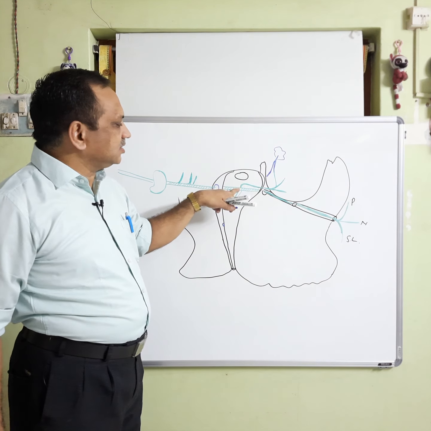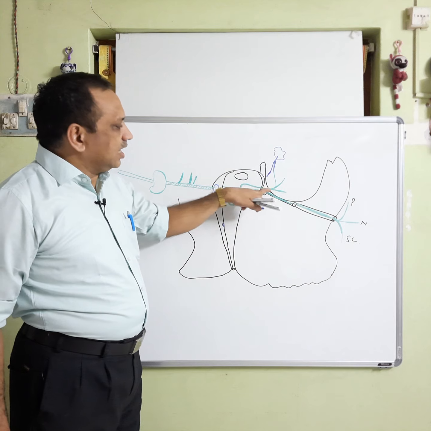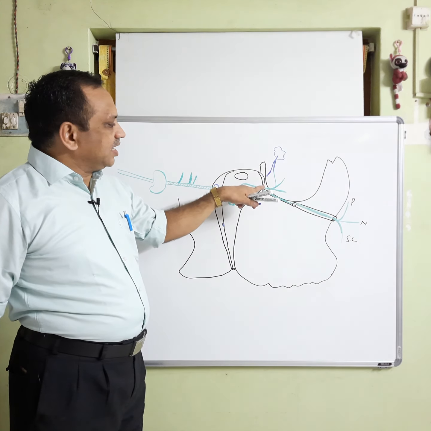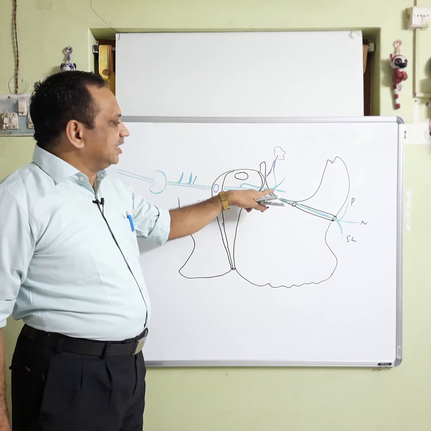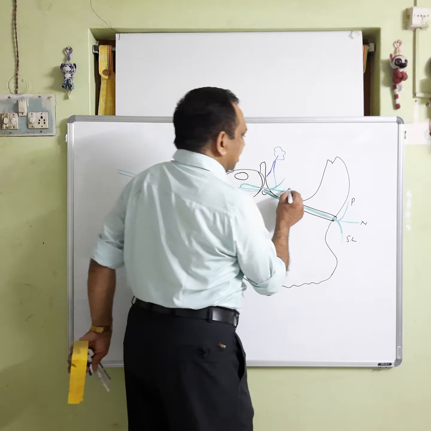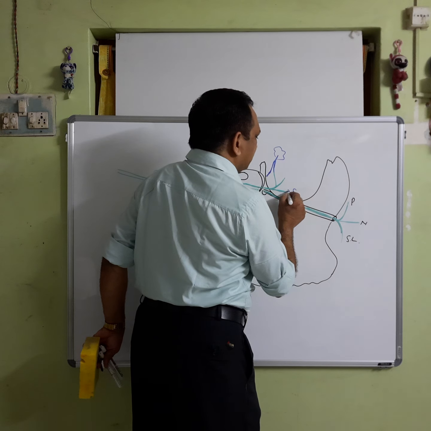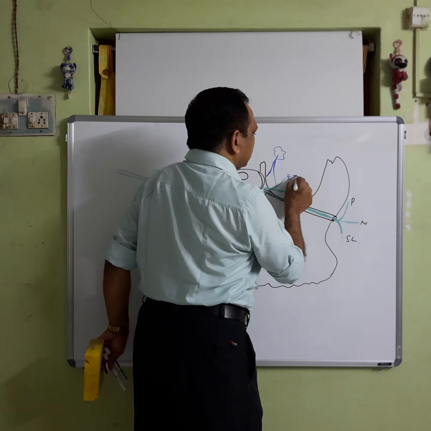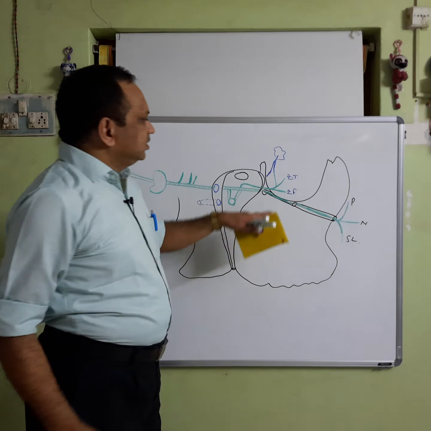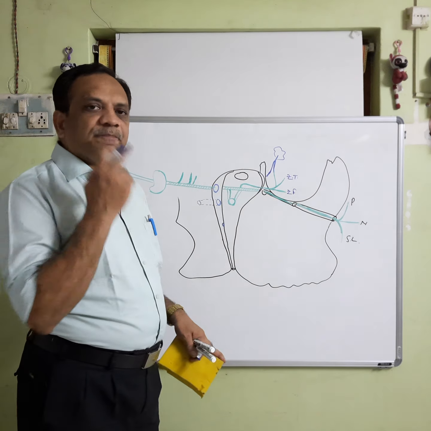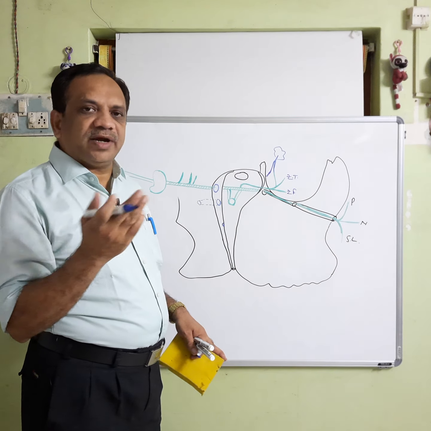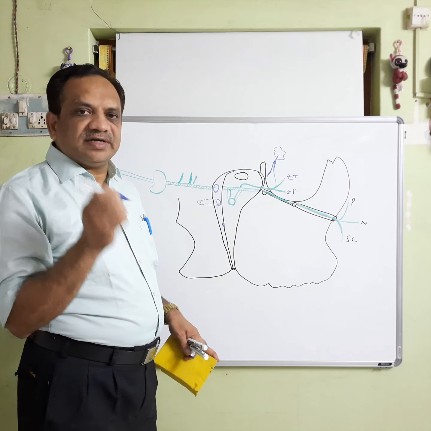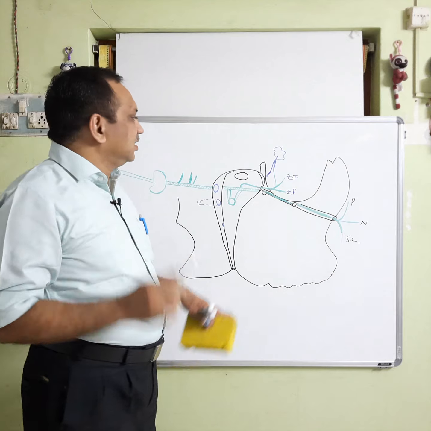The zygomatic branch enters the orbit through the inferior orbital fissure, then it divides into a zygomatico-facial branch and a zygomatico-temporal branch. This zygomatico-facial branch comes out onto the cheek through the zygomatico-facial foramen and innervates the skin over the prominence of the cheek.